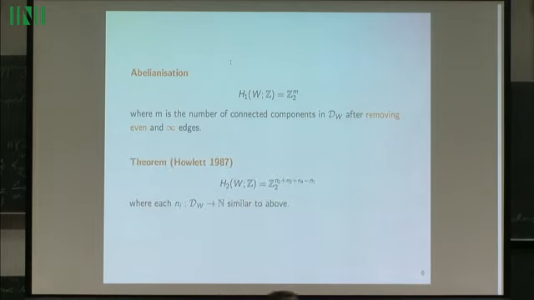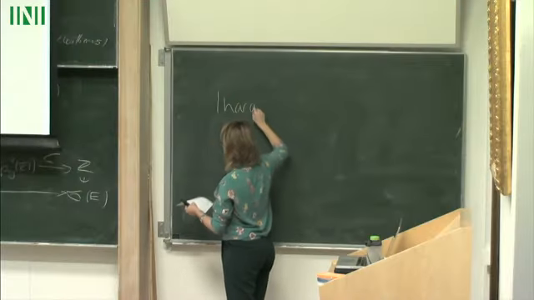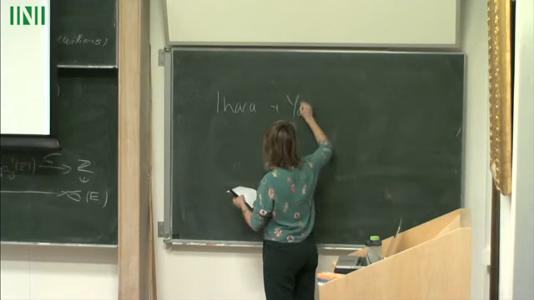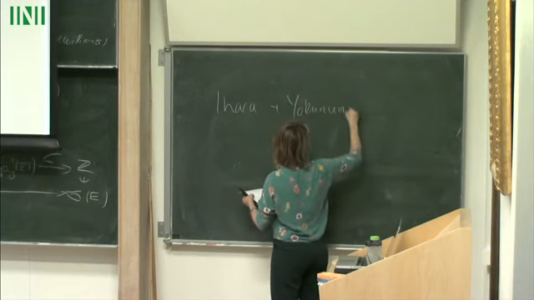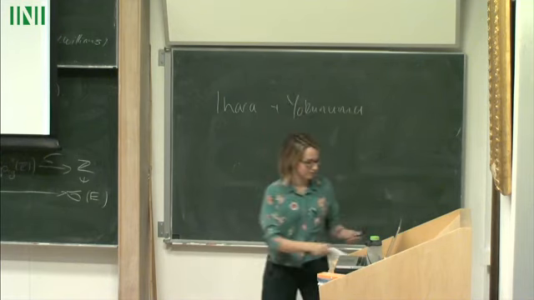Howlett calculated the Schur multiplier of a Coxeter group. And this was done first in the case of finite Coxeter groups by Ihara, which I forgot to include in the slide.